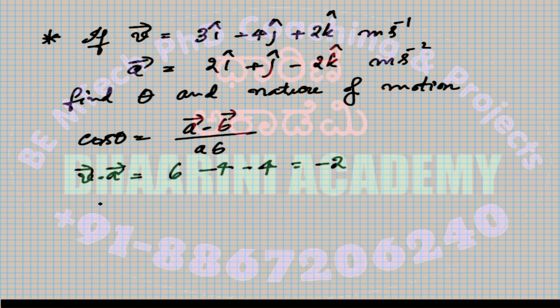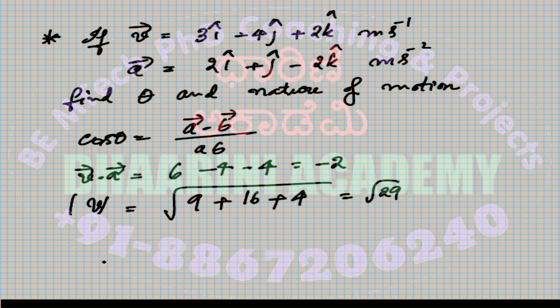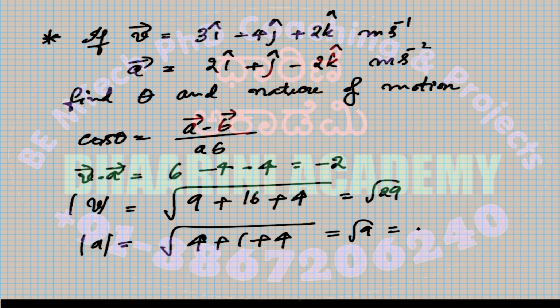Then the magnitude of vector V is equal to under root 3 square plus 16 plus 4, root of 29. Then the magnitude of vector A is under root 4 plus 1 plus 4. This is root 9, that is equal to 3.